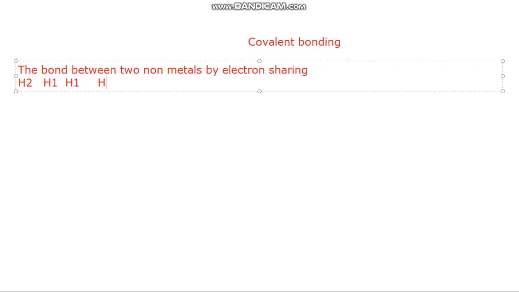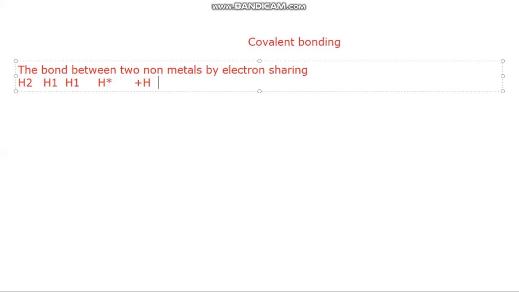The first hydrogen atom shares 1 electron, and the second hydrogen atom also gives 1 electron, and the bond will be formed between the 2 hydrogen atoms. Every atom shares the same number of electrons: the first hydrogen shares 1 electron and the second shares 1 electron.